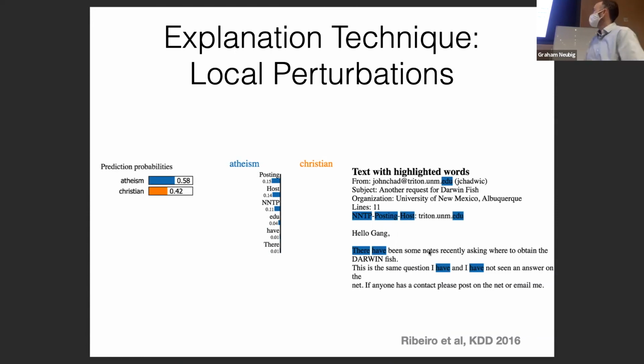But basically what you would do is you would calculate the probability of atheism. You would calculate the log probability of atheism and backpropagate into all of the word embeddings here. And there's a couple simple techniques in addition to the more complicated techniques that you saw before.